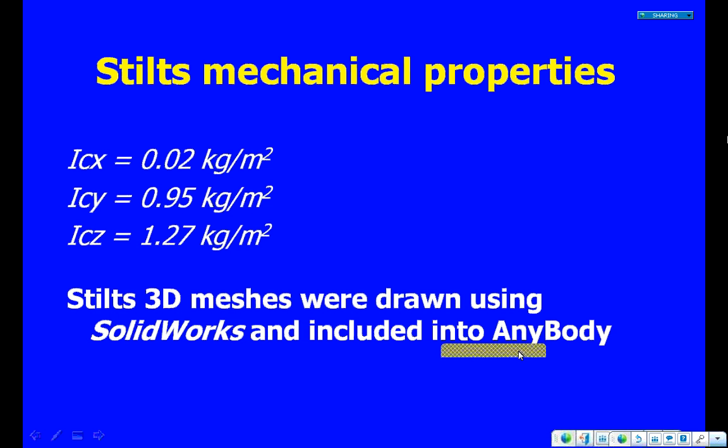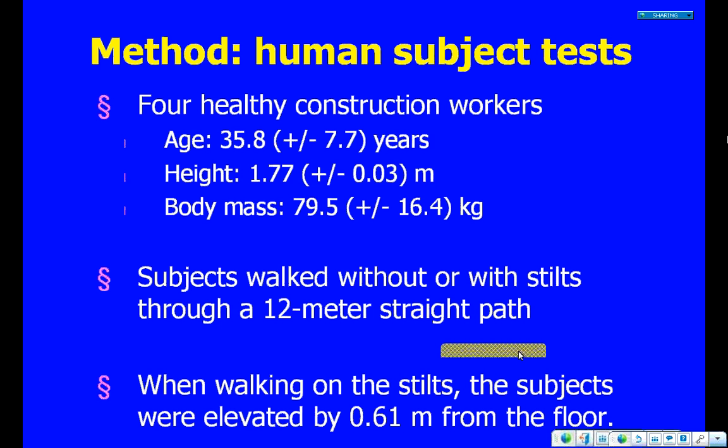Because it is an inverse dynamic analysis, we need to do subject tests where subjects walk through and we collect the kinematic data. In this test, 4 healthy construction workers participated. The average age was 36 years, height 1.8 meters, and body mass around 80 kilograms. All subjects are construction workers, so they have used stilts for at least 5 to 10 years.